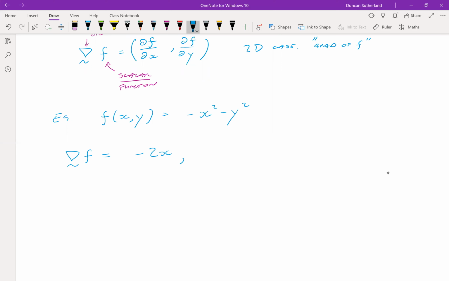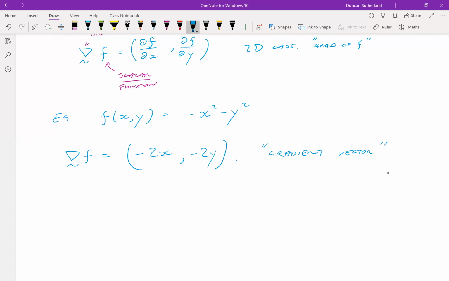When we differentiate with respect to y, x is a constant, so we're left with 2y, like that. That is our gradient vector. It's a two-dimensional function, so we have a two-component vector.